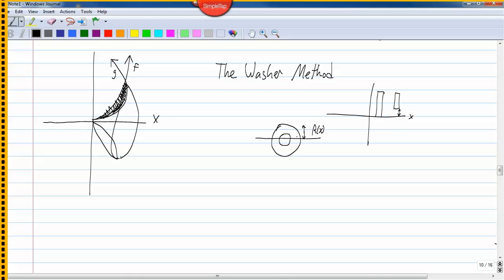And of course it depends on where you are as to where the top is. The distance from the center to the top of the missing part, that's the lowercase r of x. So if you find the volume of the whole thing and then you subtract out the missing part, then you have the volume of the figure. That's called the washer method. When you're missing something inside, you have to use the washer method.